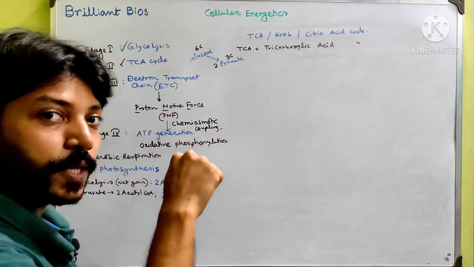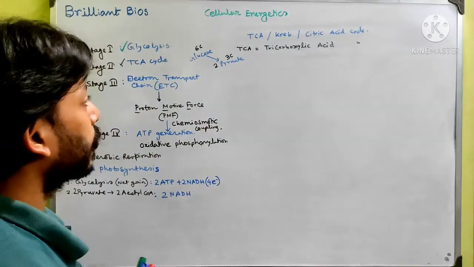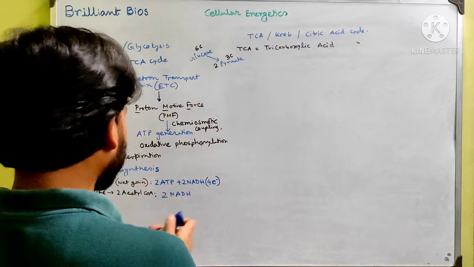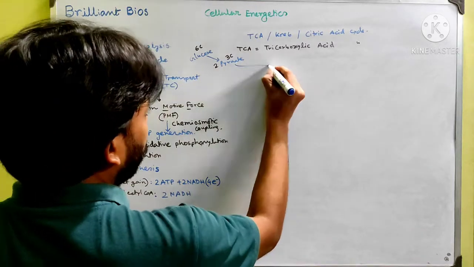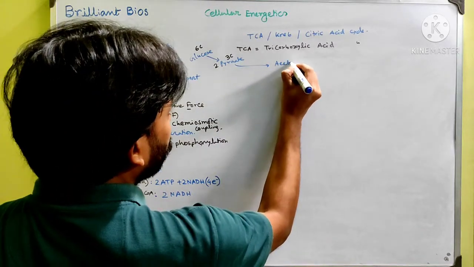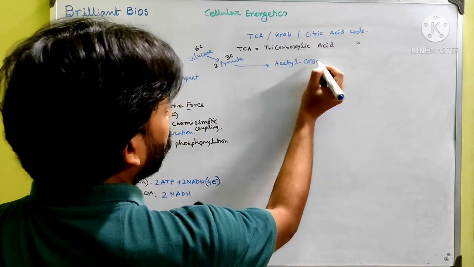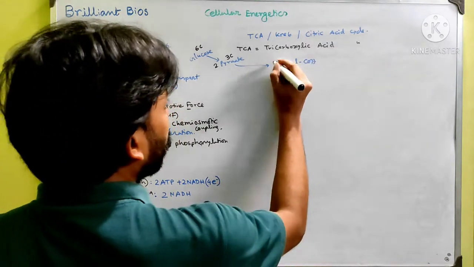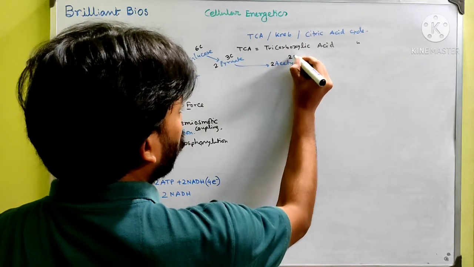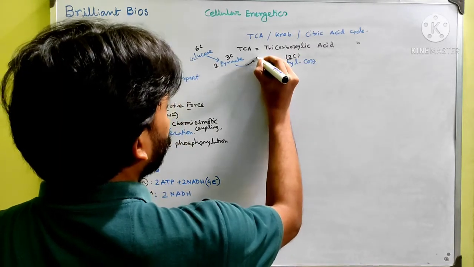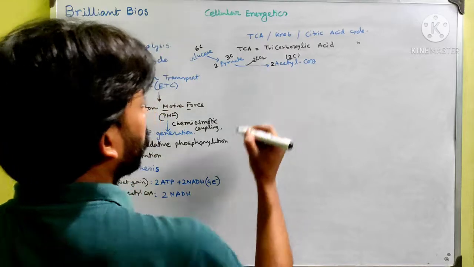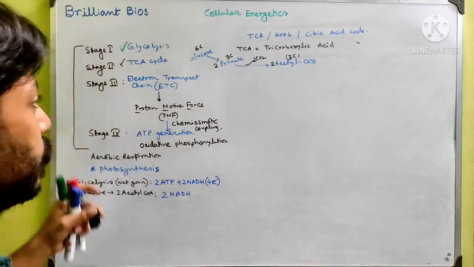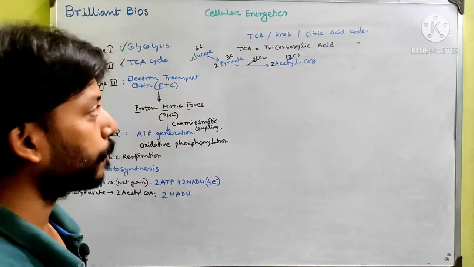Then the pyruvate enters the mitochondrial matrix and is converted into acetyl CoA. Now there should be 2 acetyl CoA, and 2 carbon dioxide are released in this process. I have already discussed this in my previous lectures.